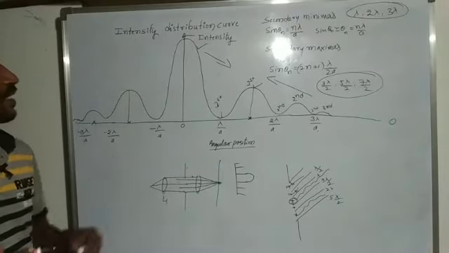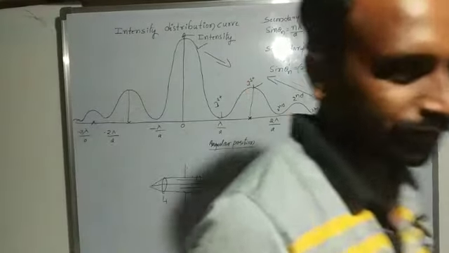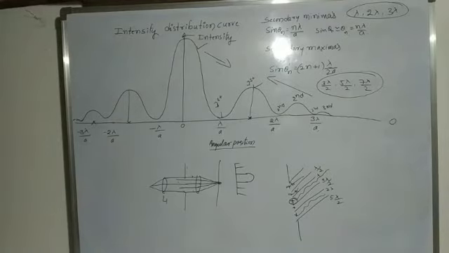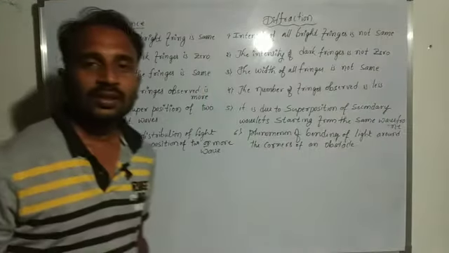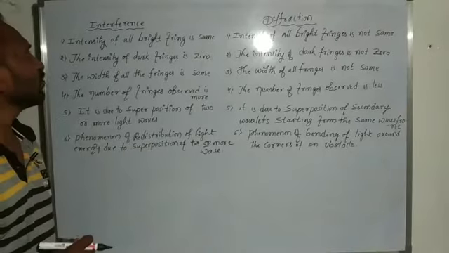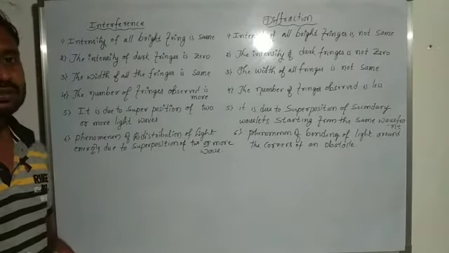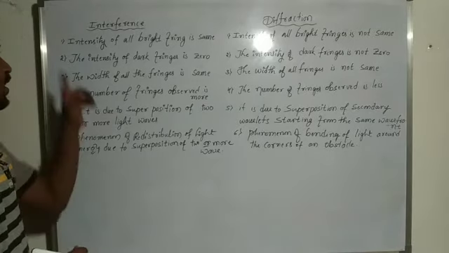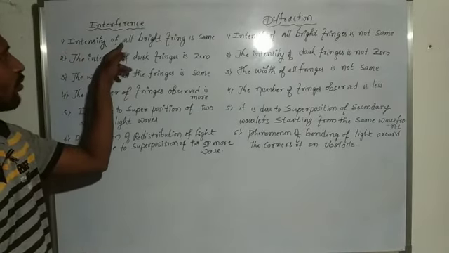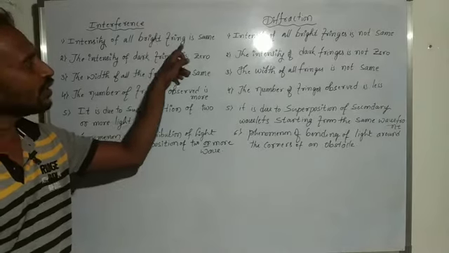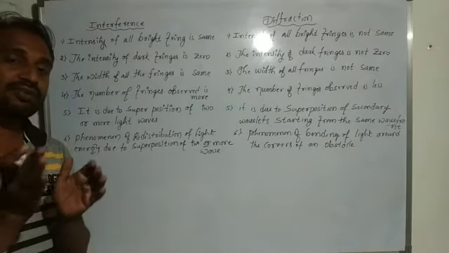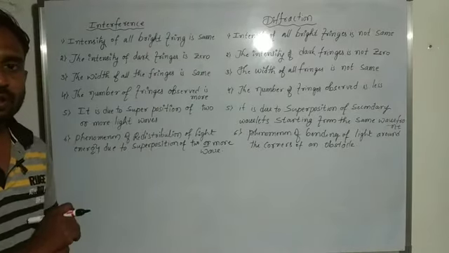Yes, so this is the intensity distribution curve. Now the difference between interference and diffraction. The first difference: in interference, the intensity of all bright fringes is the same.